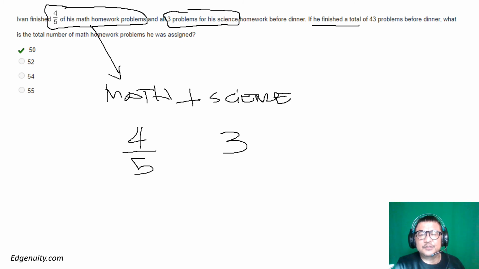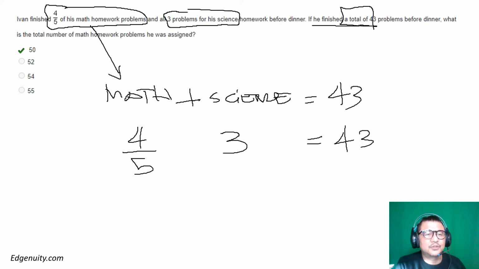If he finished a total, meaning it added up to 43 problems. What is the total number of math homework problems he was assigned? So 4/5 is not just a portion of one homework, 4/5 of the total homework in math.